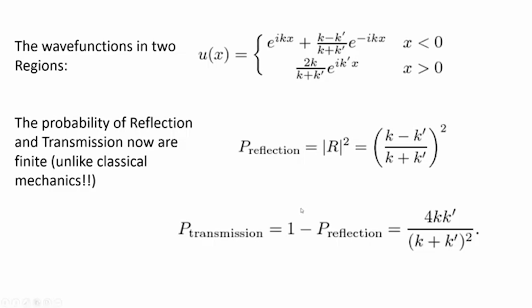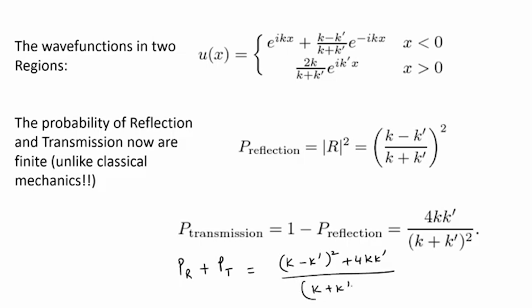You can simply see that if you add up the reflection and transmission, let us call them P R and P T, you have (k minus k prime) squared plus 4 k k prime, which is equal to (k plus k prime) squared, divided by (k plus k prime) squared.